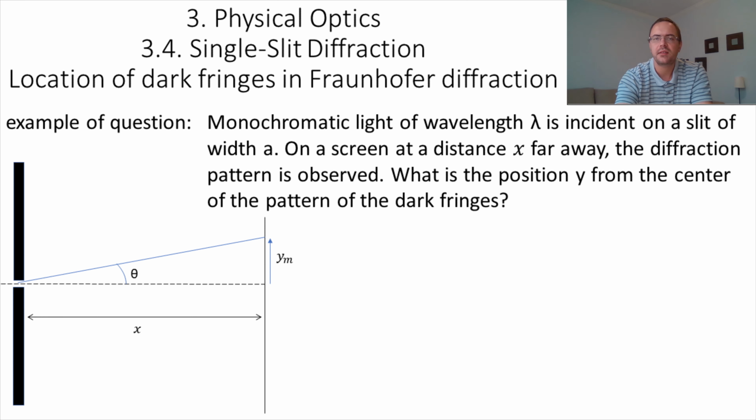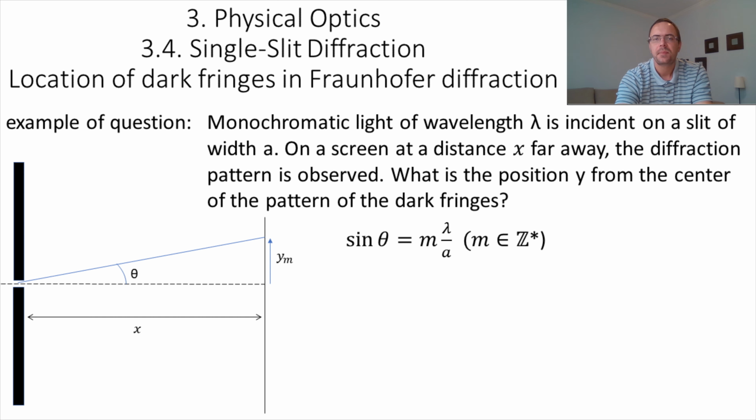So, how to start a problem like this? Well, always write what you already know. The question is asking for the dark fringes on the screen, and we just learned that the dark fringes are given by sine theta equals m lambda over a, where m is any integer except 0. So you can already start by writing this.